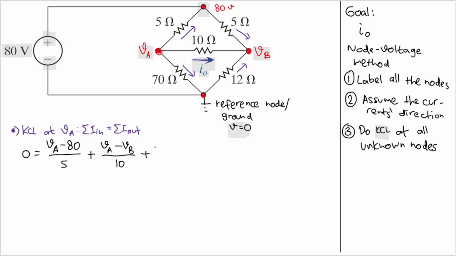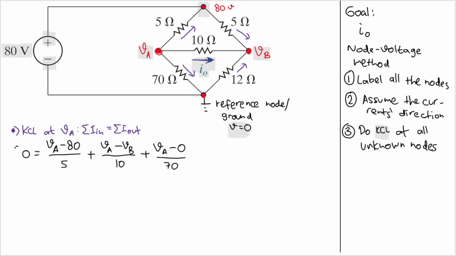I will have VA minus 0, since this is the reference node and the voltage here is 0. VA is where the current comes from, 0 is where the current goes to, divided by the resistance between them, which is 70. Good.